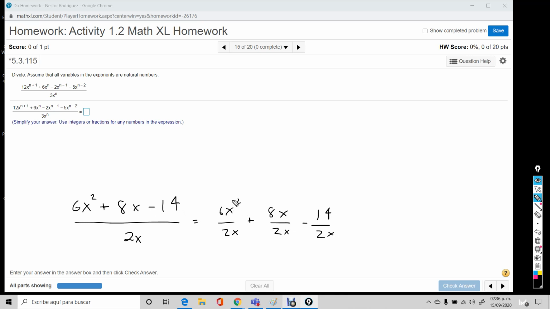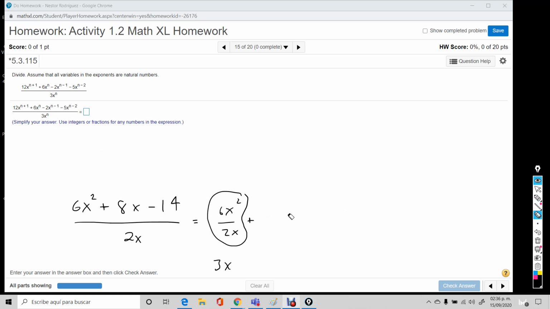And then independently, you carry out each of these divisions of monomials, monomial over monomial, which are very simple, and you're done, right? I'm gonna do just the first one. This is gonna be 3x, and you continue with the rest and you're done. Okay, this problem is no different than this.